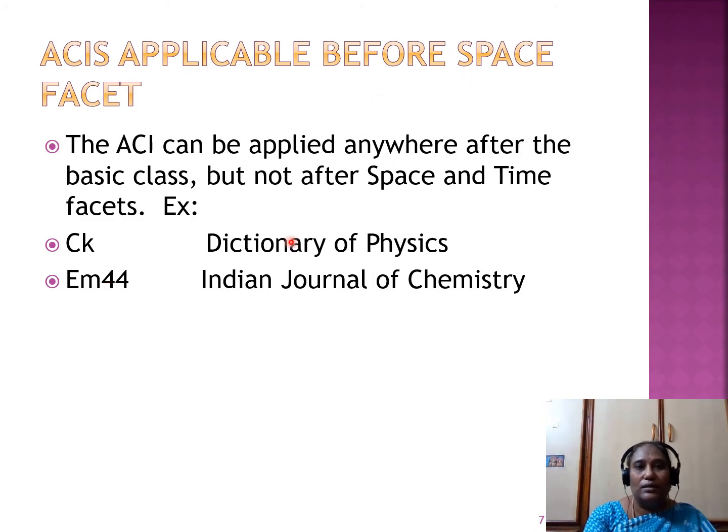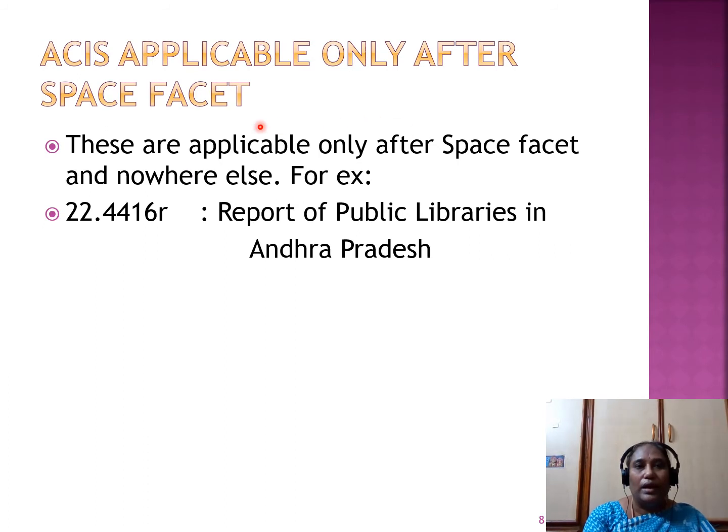So this is the first one, and coming to the second one: anteriorizing common isolates which are applicable only after the space facet. After space only we can connect these anteriorizing common isolates. For example, here: report of public libraries in Andhra Pradesh.